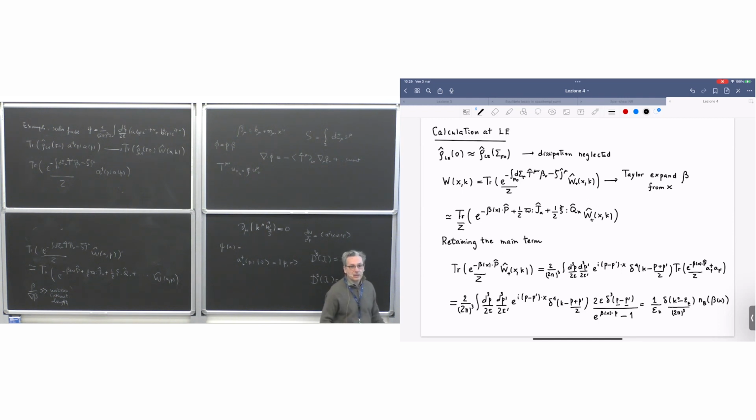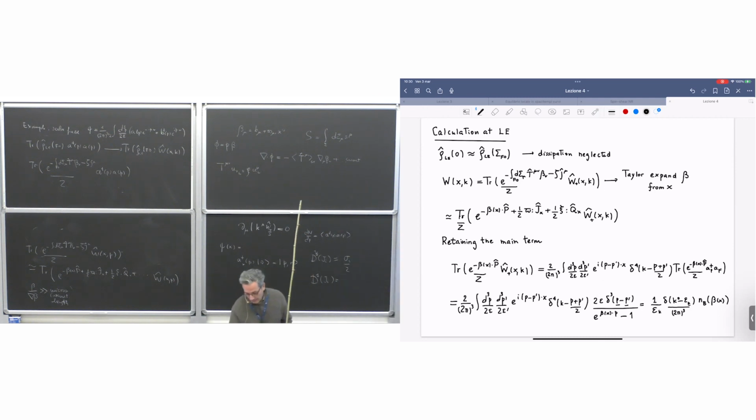the Bose-Einstein distribution function. Now it's easy because you have a delta 3 of p minus p prime, which sets p equal p prime, so this exponential becomes 1. And eventually you have another delta, and so you get 1 over 2 pi cubed, epsilon k is the energy, delta k naught minus epsilon k, and the Bose-Einstein distribution function.